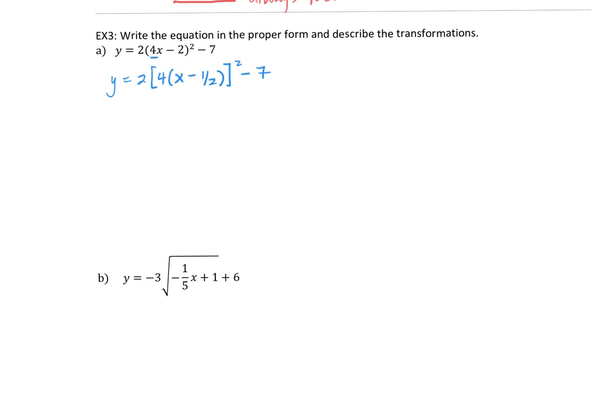So we're going to do a horizontal shrink by a factor of 1/4. Again, your book will not do this. They focus mainly on vertical stretch and shrink.